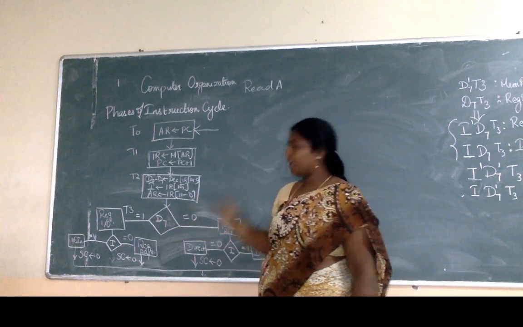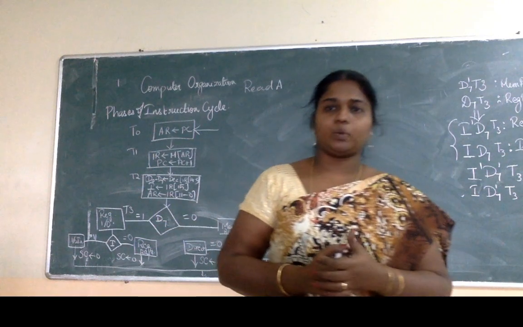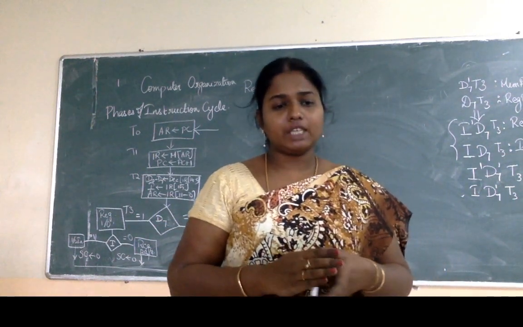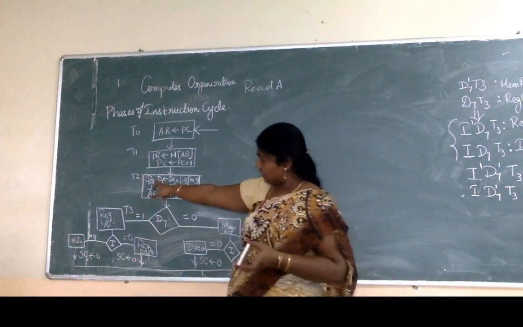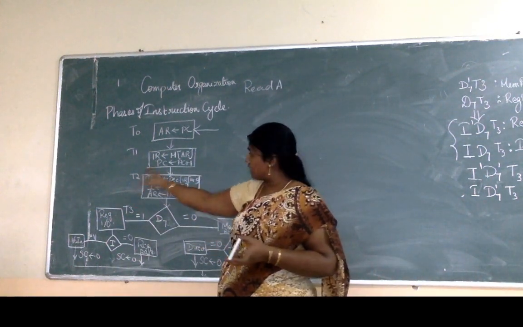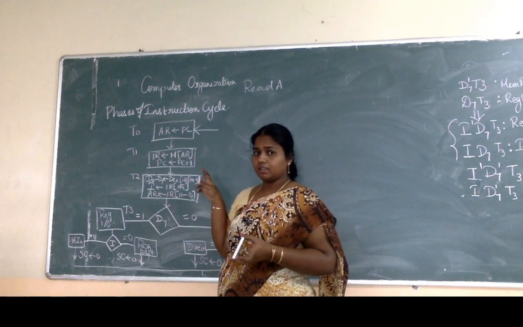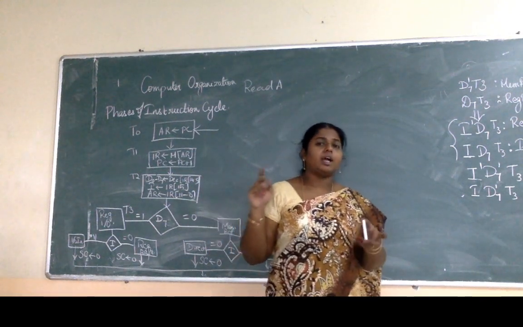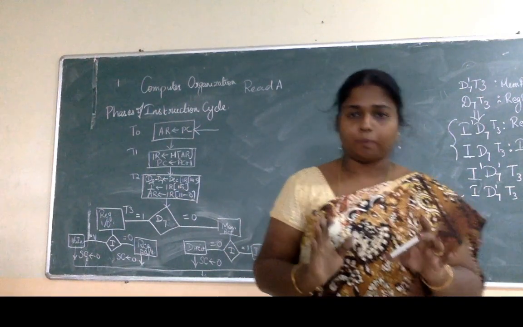And at time cycle T3, we decide what type of instruction we need to execute. The control signals generated from bits 14 to 12 indicate that for a memory reference instruction, the value of D7 is going to be 0.